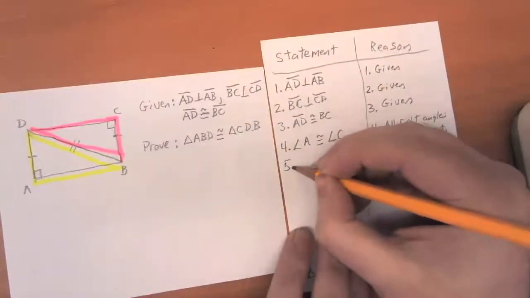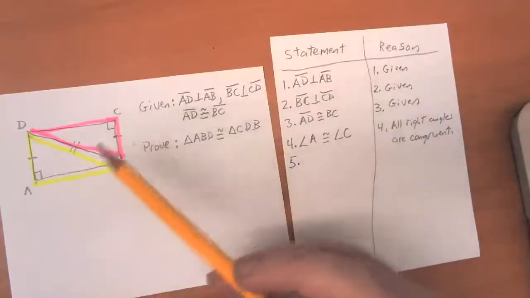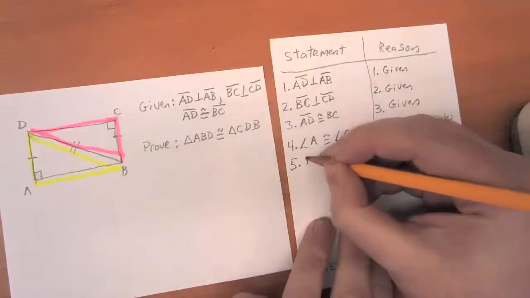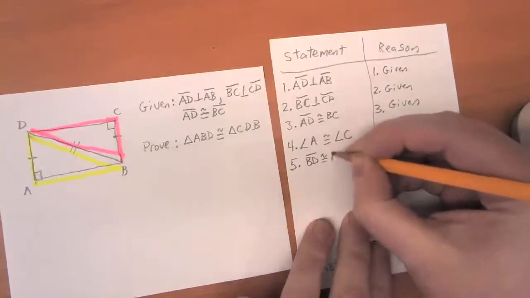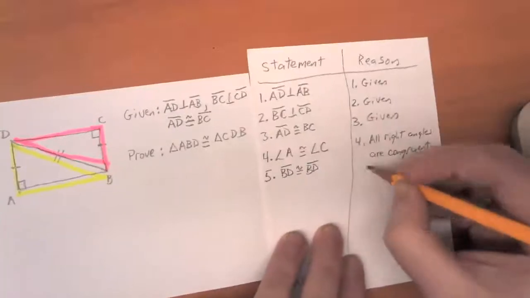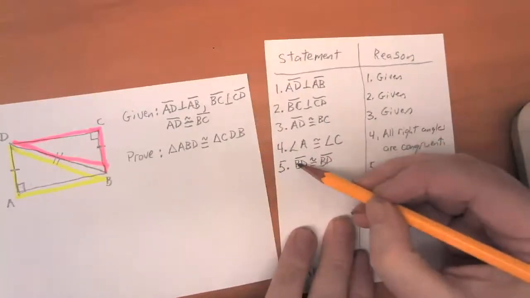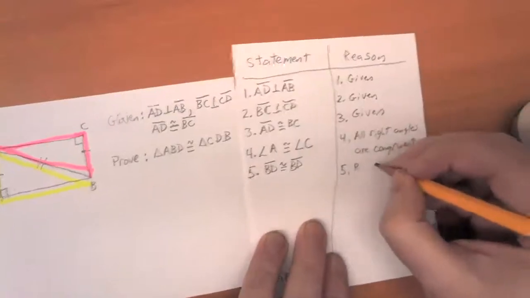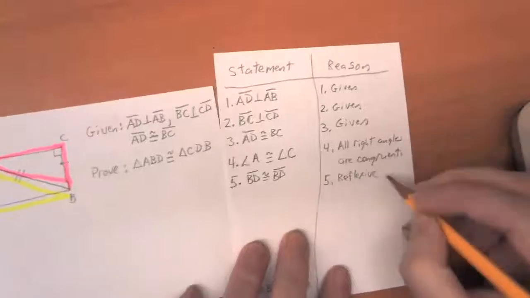So looking at that diagram and thinking about the two triangles I need to prove are congruent, noticing they have a side in common is enough for me to say that BD is congruent to BD. And the reason for that, like I said, just like this is a mirror that's showing BD its reflection, that reminds me of the reflexive property.